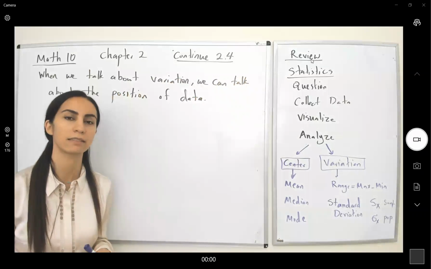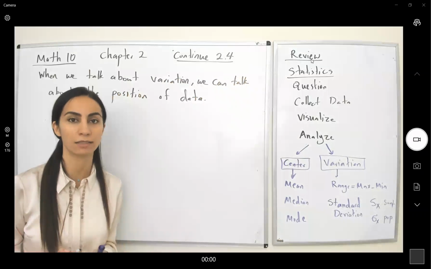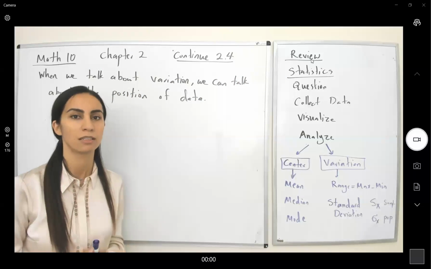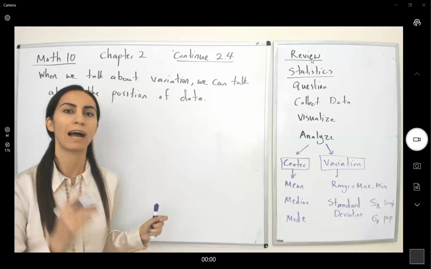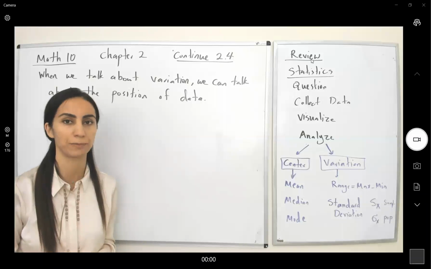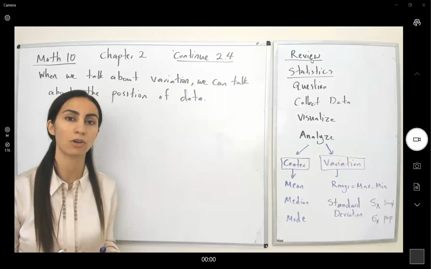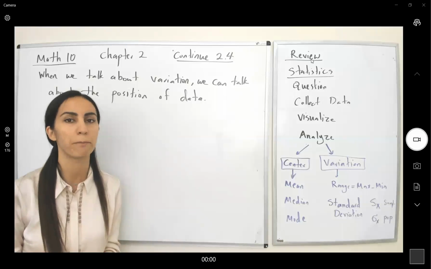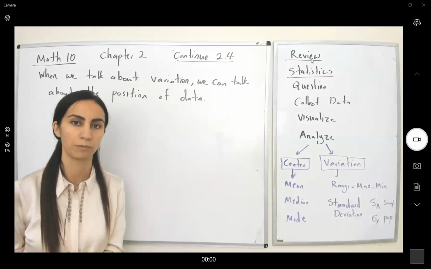Or we can say, how many percent of our data are located between two values in the collection. So today we're going to talk about z-score and also empirical rule.